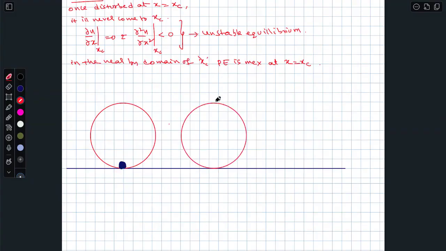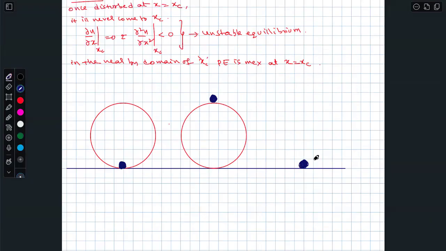I can place an object here, and I can place an object here, three different positions.